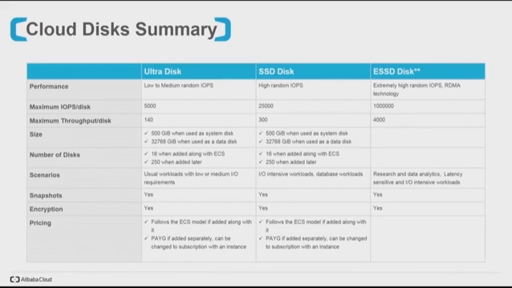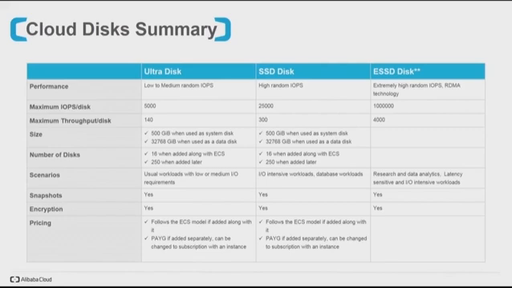A couple of things I want to mention is snapshot. For all disk types, you can take snapshots. Snapshots and images are something you use to take your backups and use them as a template to create your further ECS instances. So snapshots are possible for all types of disks, and then encryption is possible.